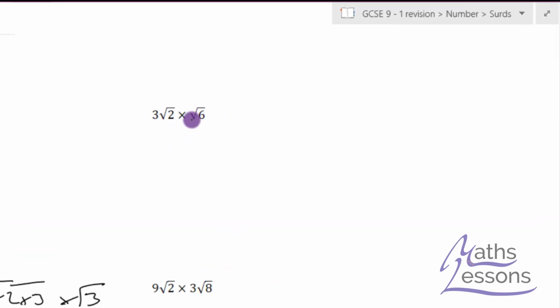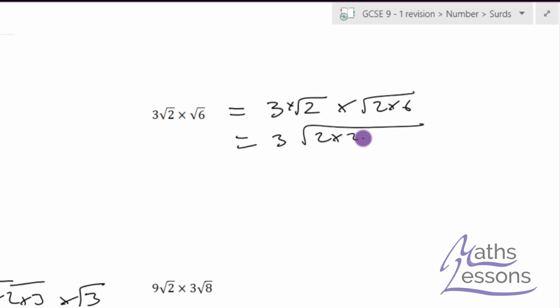We've got some more numbers coming into it. So we're just going to do what we've done before, and break up the 6 into root 2 times root 3. So we've got 3 times root 2 times root 2 times root 3. It's not a 6 there, that should be a 3.